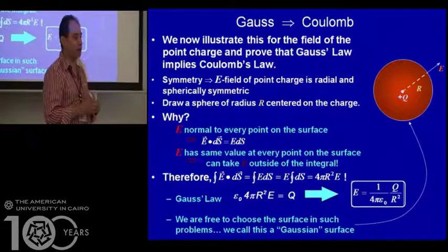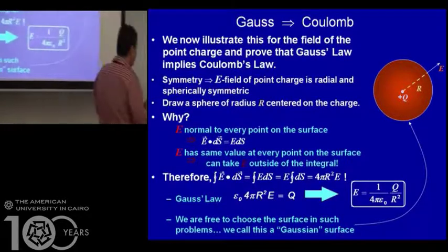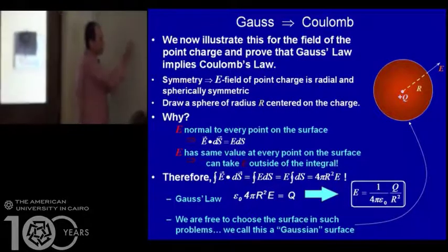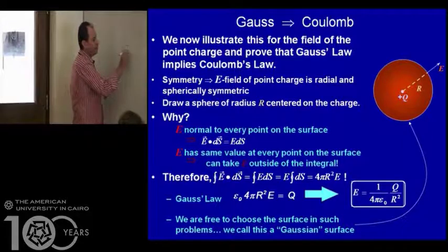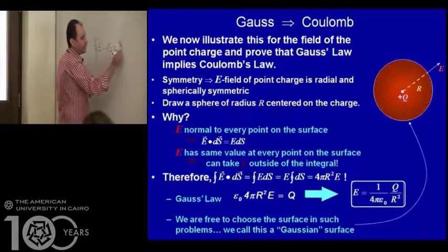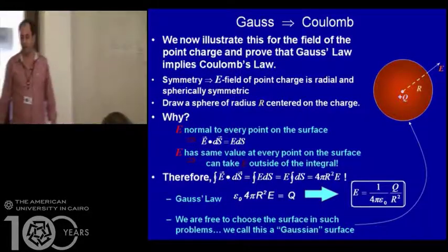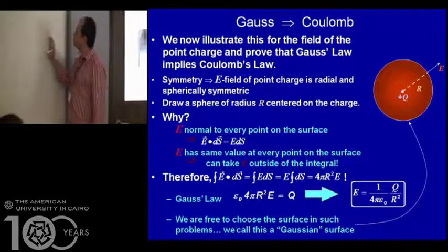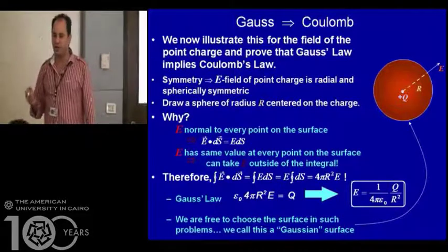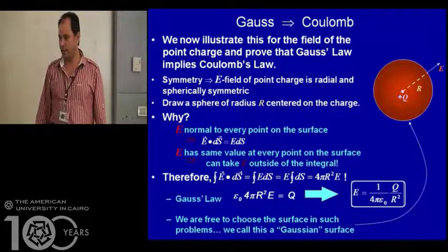Step number 2, I'm going to apply Gauss's law. Gauss's law says that the integration of E dot ds equals Q inside Gauss's surface divided by epsilon 0. One of the good things about Gauss's surface is that the electric field along it is constant. It's the same everywhere, because the radius is constant.